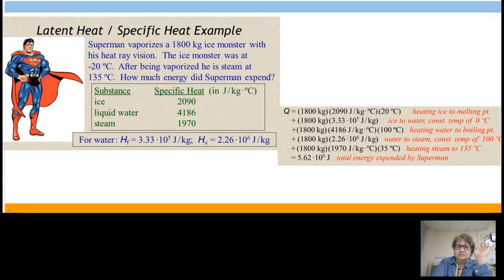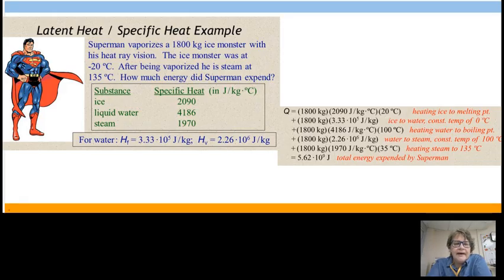Takes a lot of coldness to keep that monster together. After being vaporized, he is steam at 135 degrees Celsius. How much energy did Superman expend? So how much did he transfer to the ice monster?